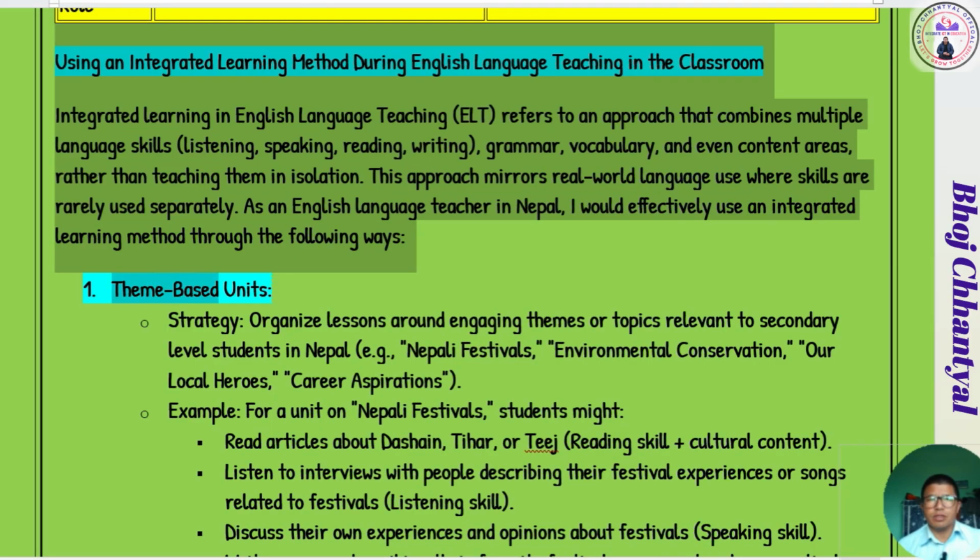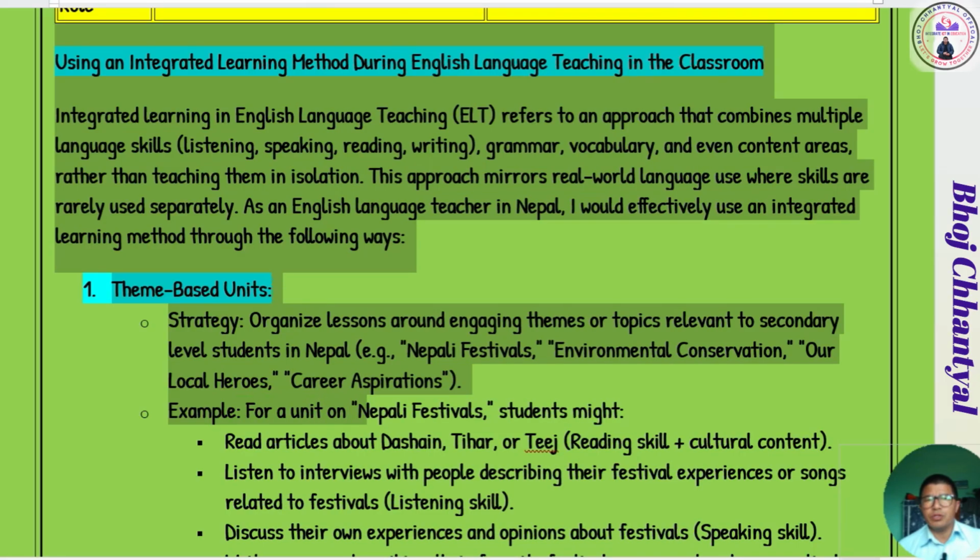The first, theme-based units. Strategy: organize lessons around engaging themes or topics relevant to secondary level students in Nepal, for example, Nepali festivals, environmental conservation, our local heroes, career aspirations.